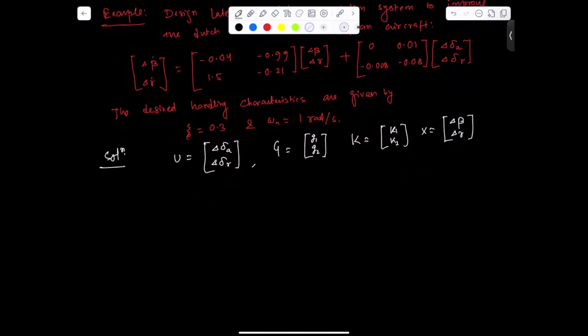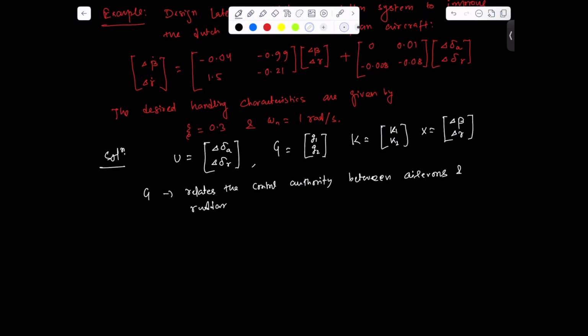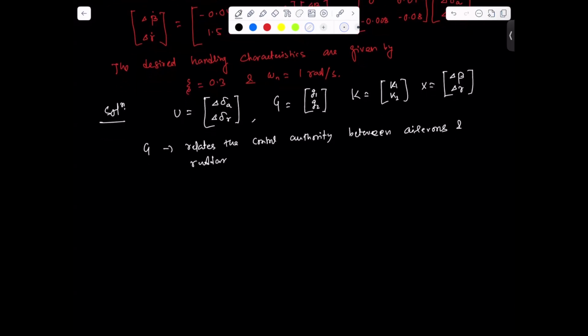Now we have to construct. Here, basically we can say G relates the control authority between aileron and rudder, for augmentation.